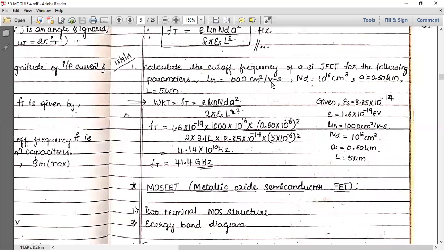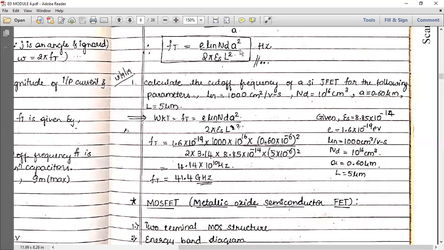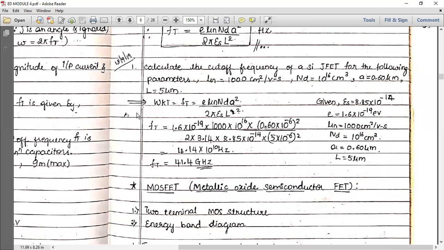So FT, how to calculate using this formula? First we need to find the formula required here. The formula required to find the cutoff frequency is FT equals this formula. The values given in the question are mu n, Nd, A, and L, but E is not given.